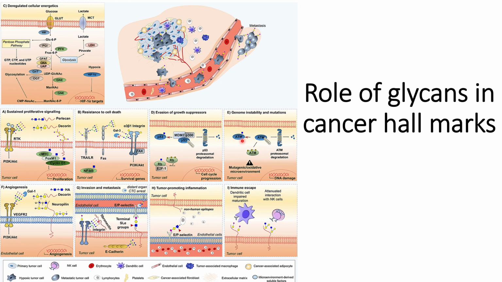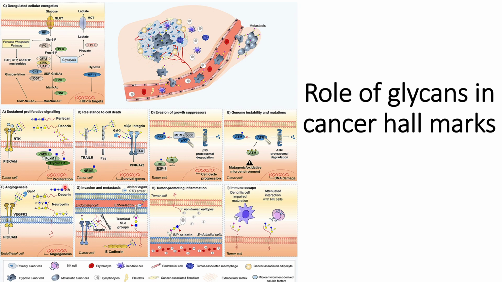We can say that an imbalance of the ATM glycosylated proteins within the cells causes genomic instability, and it will further promote mutations within the tumor cells that will cause DNA damage.